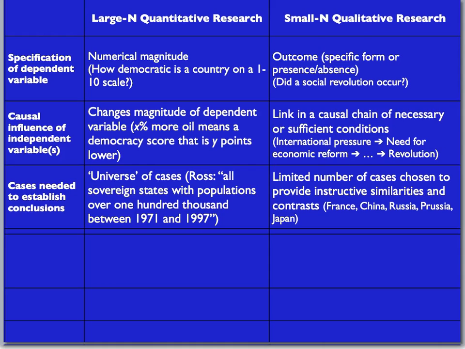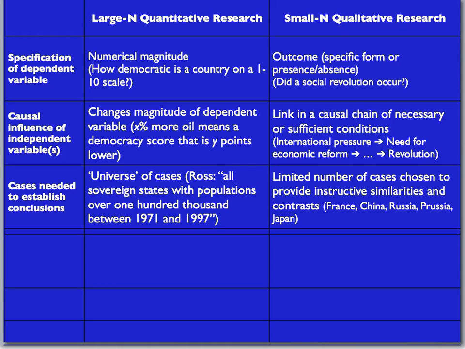In small N research, you can have an outcome which can be described in substantive terms, a specific form, for instance, of the entry of the working class into politics, or it could be the presence or absence of a revolution. At any rate, the outcome doesn't need to be specified in numerical terms.